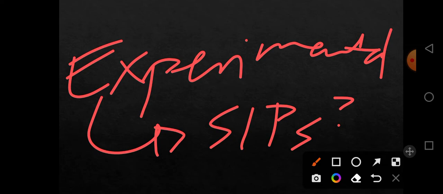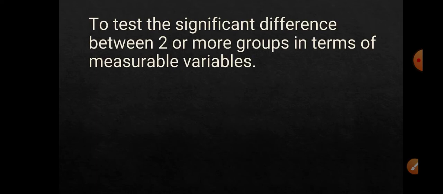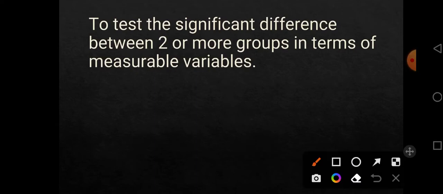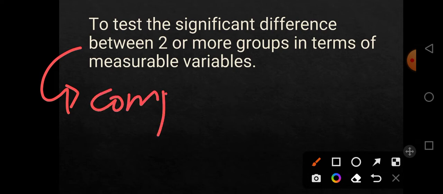Note, class, that your SIPs have specific objectives known as the comparative research questions. So we have this objective to test the significant difference between two or more groups in terms of measurable variables. And this specific objective is an example of a comparative research question.